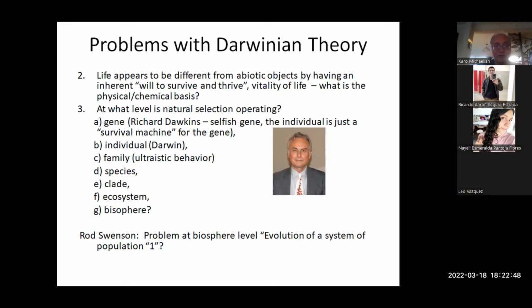We don't have two biospheres fighting against each other and being selected, that which is better adapted. So you have this problem which Rod Swenson first pointed out, that at the level of the biosphere, you have an evolution of a system, of a population of one. And so that just doesn't make sense.